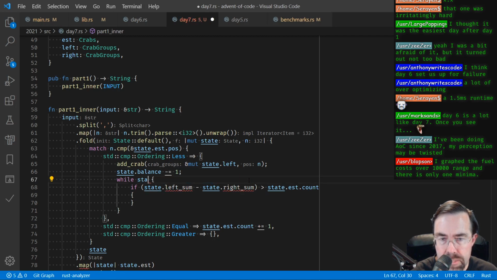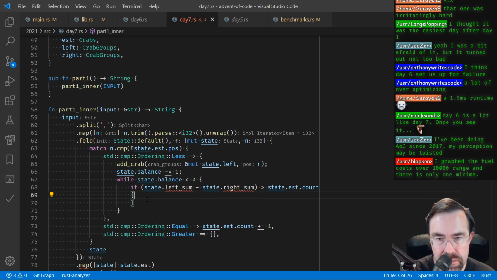While state.balance is less than 0, then, so let's say it's -1, and the estimate count, we need a special case actually if it's the first one, because the estimate has to actually have a crab in it.